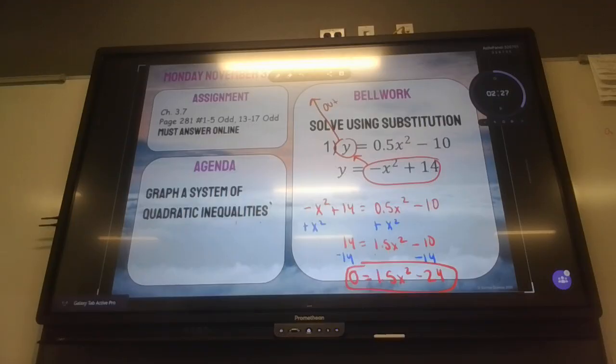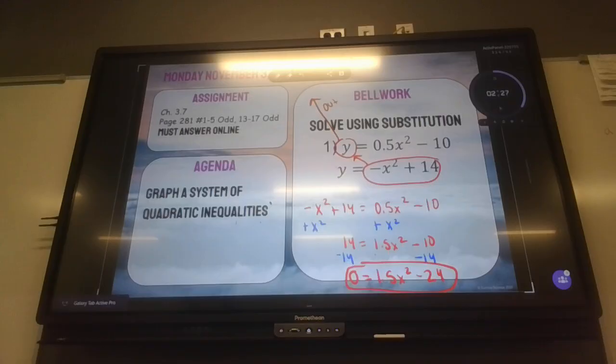Why are both of your calculations... In front of x squared, it's not negative x squared.